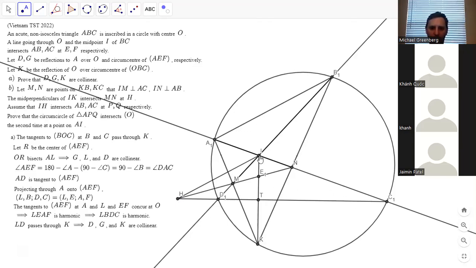If we project onto A1B1, we want to show that it would be ME1 over E1N. But if we project onto this, I don't know, maybe I'm making it harder.